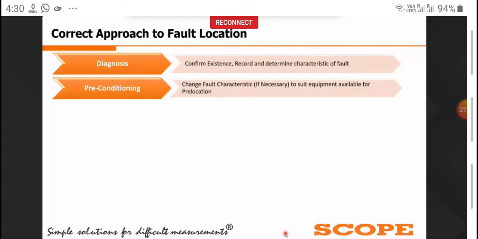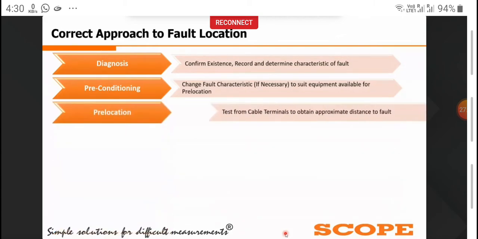By applying the preconditioning steps, we remove this type of water ingress in the cable, or we convert the high resistance fault into a low resistance fault, so that we can easily prelocate the fault. This preconditioning is not required for every fault condition. There are some critical conditions where we need preconditioning.